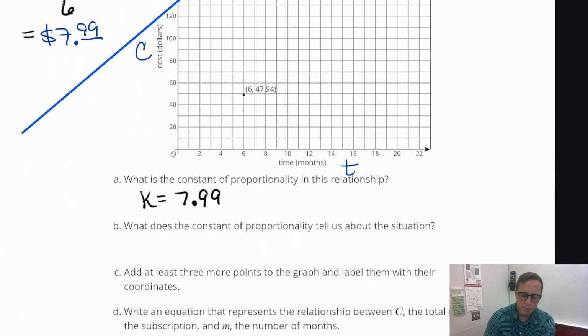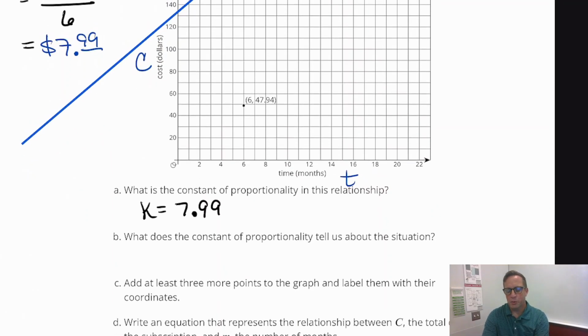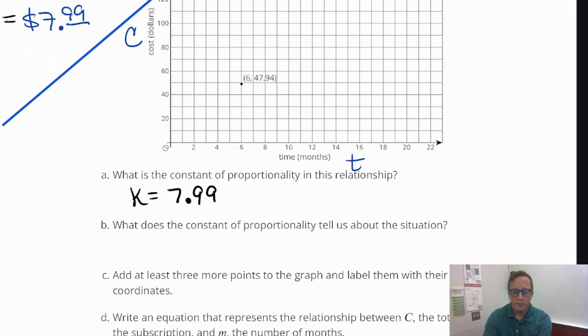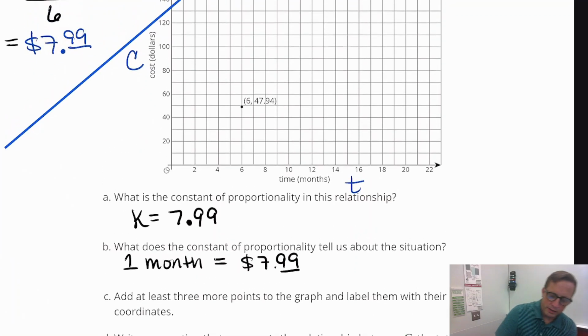So each month, for whatever service, I don't think any service is really this cheap anymore, this is maybe a little dated, but for this one, each month equals $7.99 in cost for the service. So that's helpful.